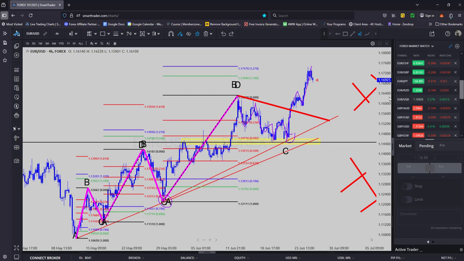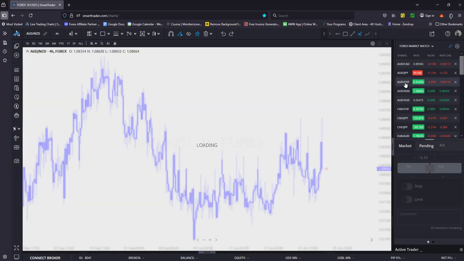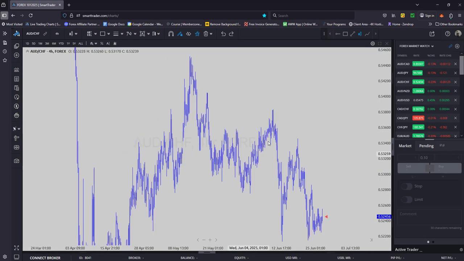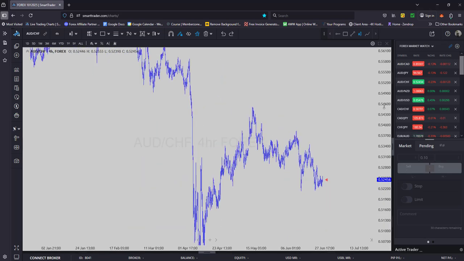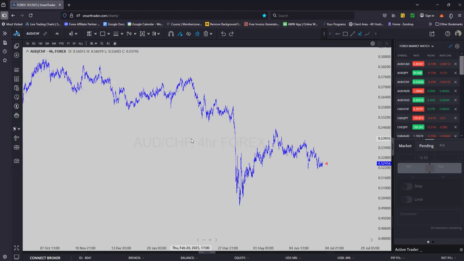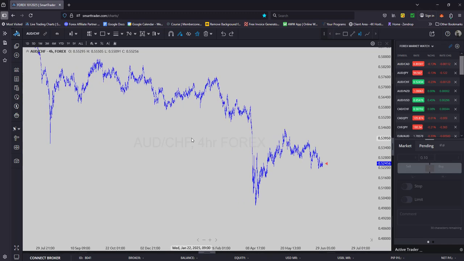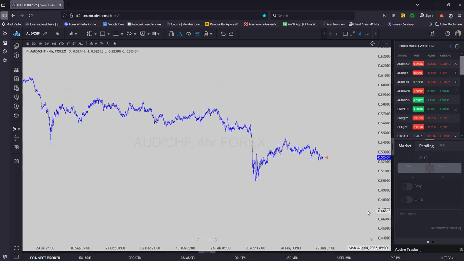All right, so let me just look at another chart. We did euro. Let's maybe do Aussie Swiss franc. All right, if I zoom out, I can clearly see that this market is falling. We're going down.